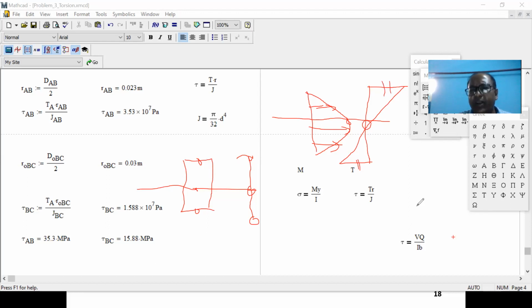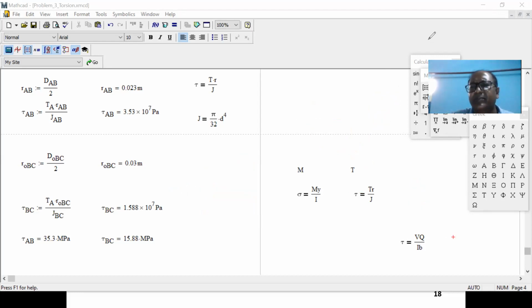Or you can say the shear stress distribution of the shaft is like that. This is the neutral axis. Okay. So sometimes we put a 2-3 mark question: what is the difference between torque and bending moment? Okay, so this chapter is finished.